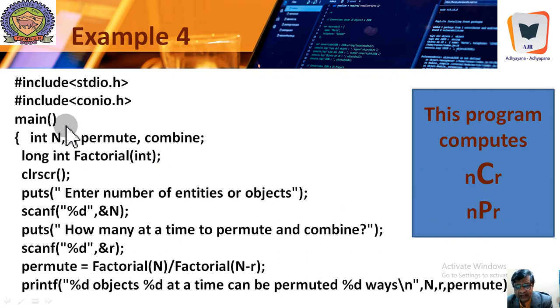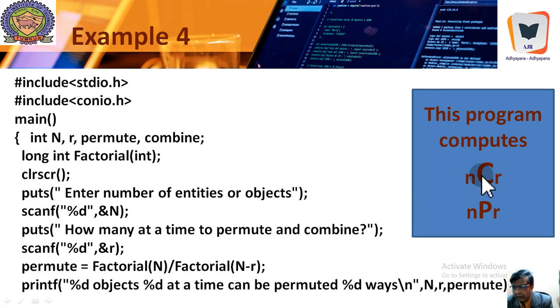So integer n, this is the number, and r, how many at a time, permute, combine. These are the variables which will collect the answers from the function. A function will compute permutation of n items selecting r at a time, and combination is another function which will compute the combination.